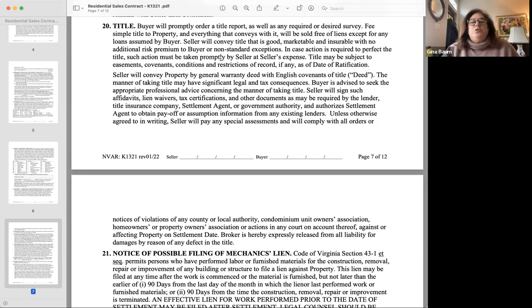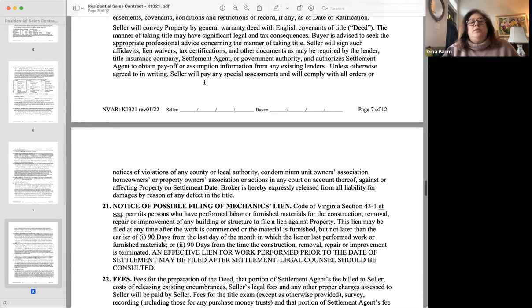In case action is required to perfect the title, such action must be taken promptly by the seller at the seller's expense. Title may be subject to easements, covenants, conditions, and restrictions of record, if any, as of date of ratification. Seller will convey property by general warranty deed with English covenants of title.